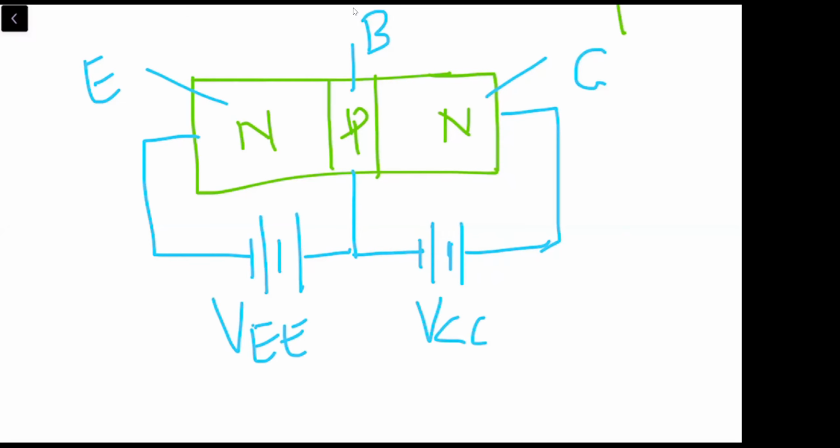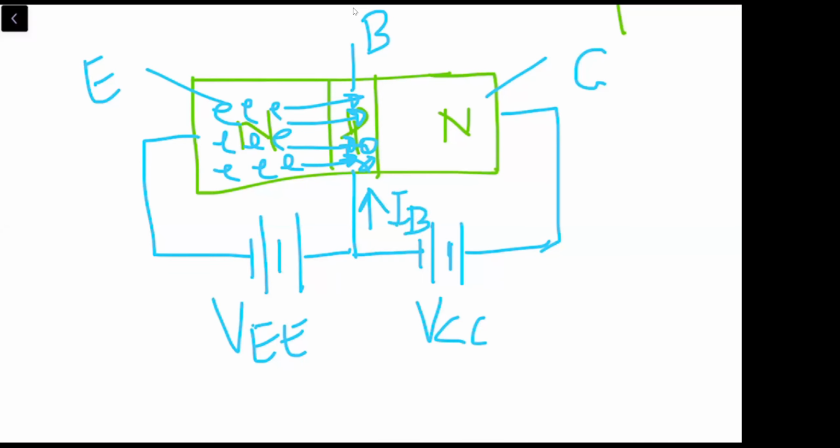Now, as we have said, due to this VEE we have the flow of the majority carriers which will pass the barrier potential, and very few will occupy the holes over here, and due to this occupation of the holes it will create a current which we say is IB, right?